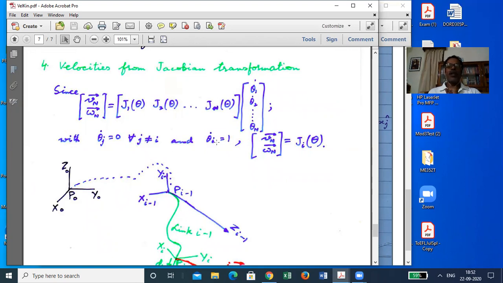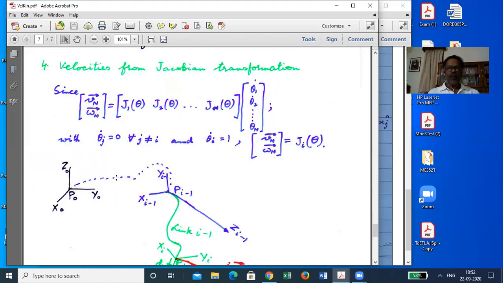If it is a revolute joint, then you turn that link relative to the previous one with 1 radian per second. If it is a prismatic joint, then you move it with a rate of 1 distance unit per second. And all the other joints, for j not equal to i, you give 0 input. That is, lock all those joints.